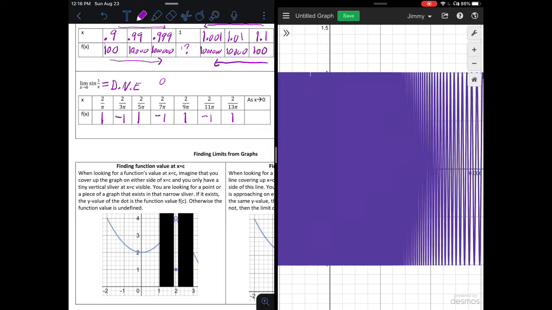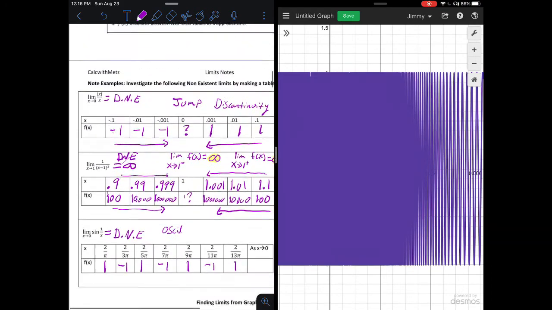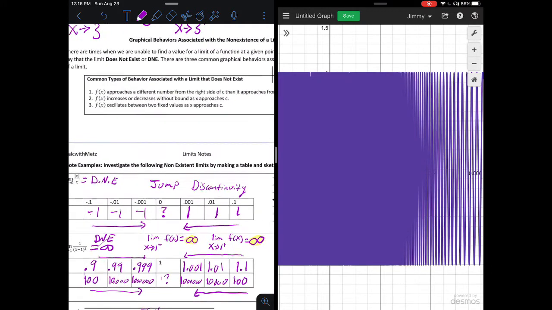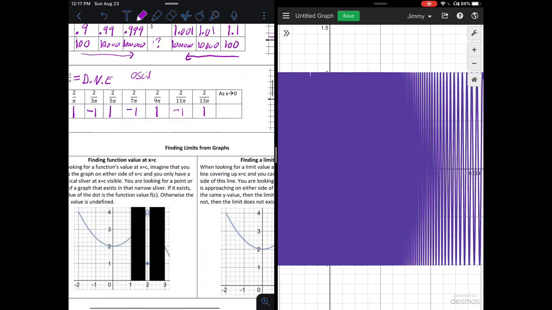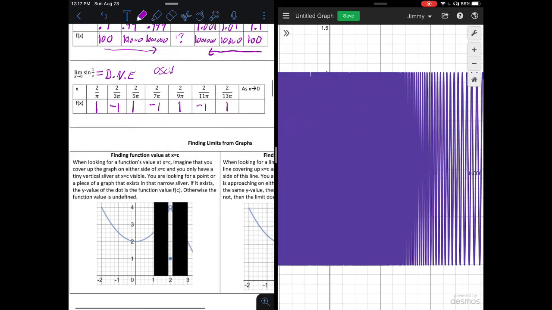It is just oscillating back and forth. So, due to oscillating behavior.